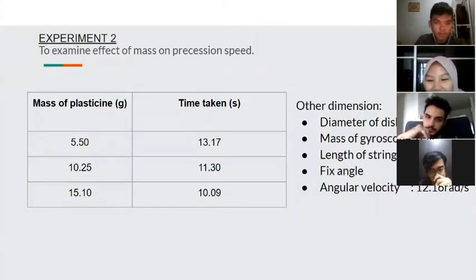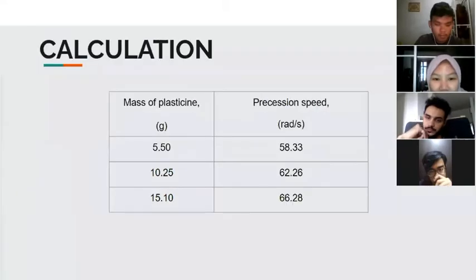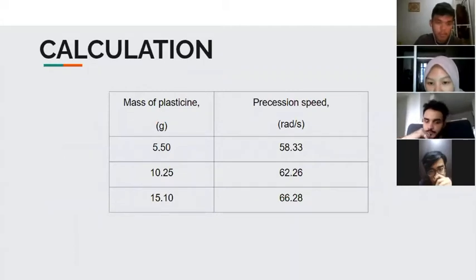At the right side of the slide shows the other dimensions needed. Then after we calculate it, we get the precession speeds, which are 58.3333 for 5.5 gram, 62.26 for 10.25 gram, and 66.28 for 15.1 gram of plasticine.